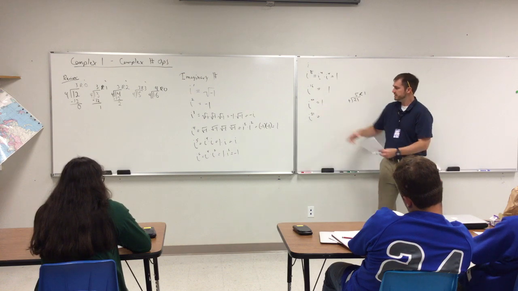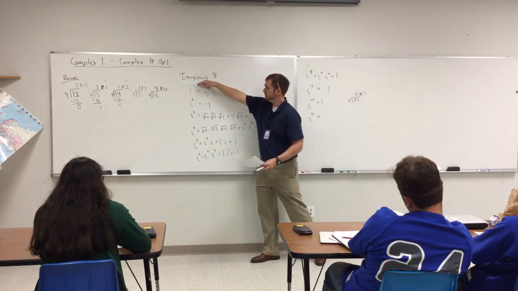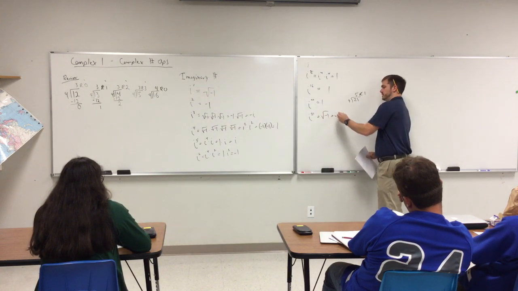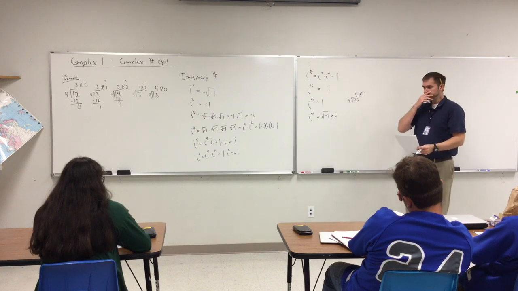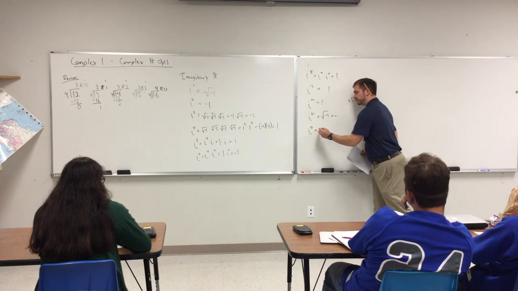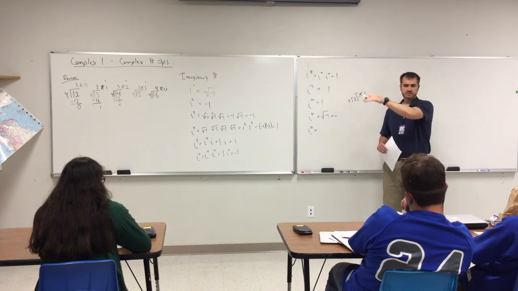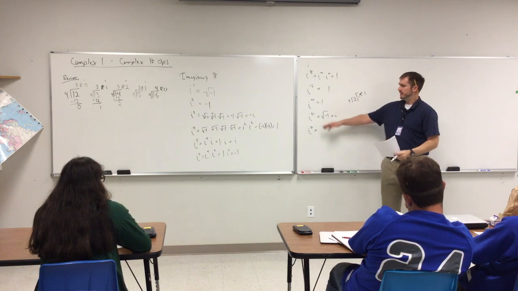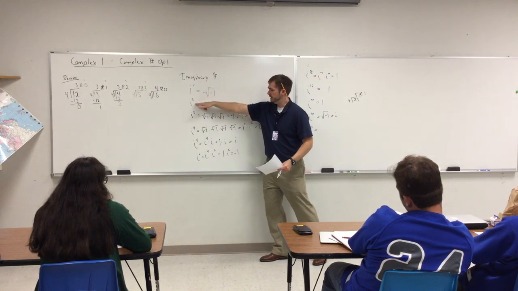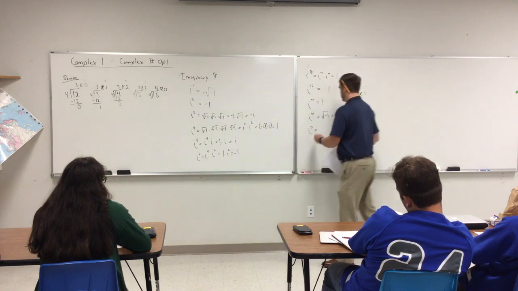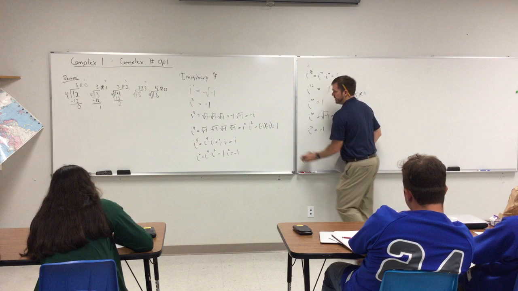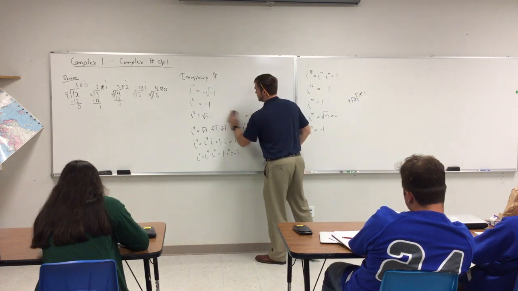So this corresponds to i to the first, which is equal to i. If we were at i to the 22nd, that's remainder 2, 2 past the nearest multiple of 4, so that would be the same as i to the second, which equals negative 1.